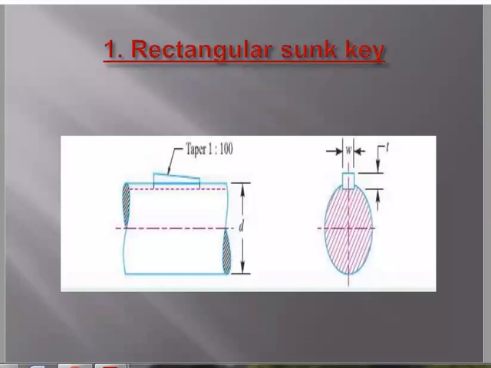A taper sunk key can be used for heavy or medium duty as shown in the figure. The industrial practice is to use a square key with the sides equal to 1/4 of the shaft diameter and length at least 1.5 times the shaft diameter.